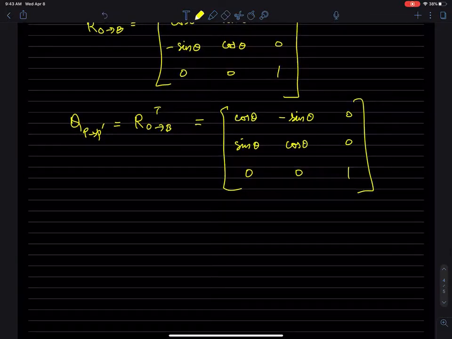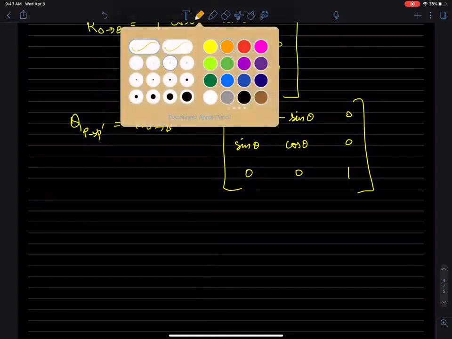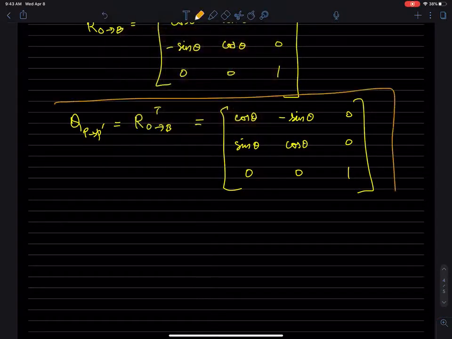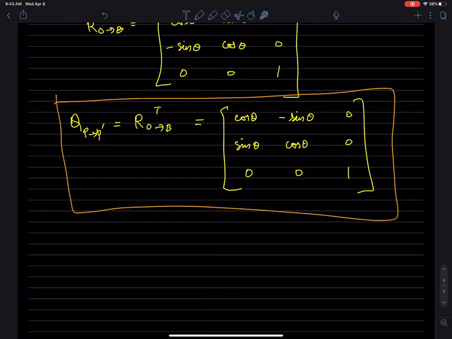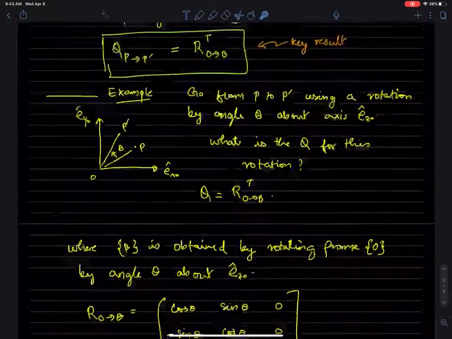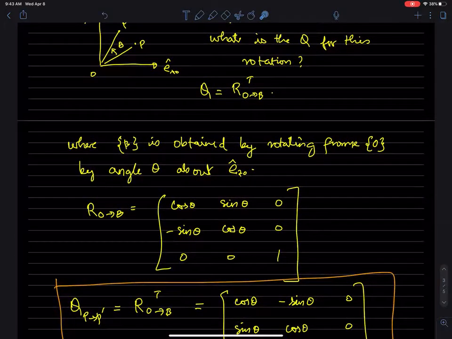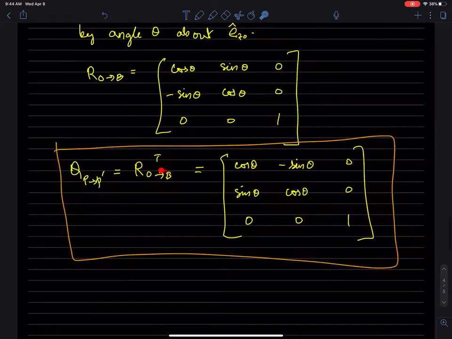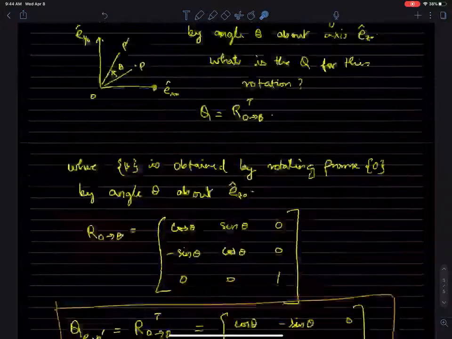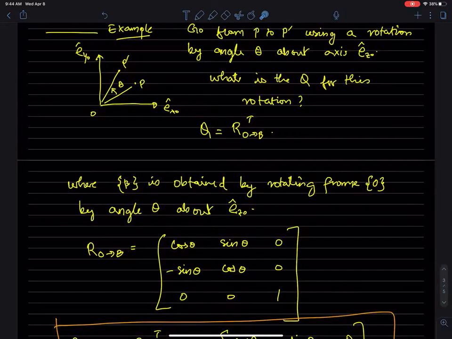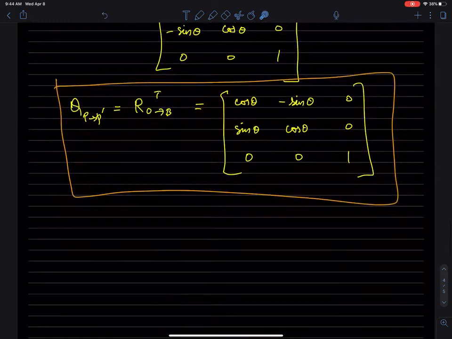So that's actually Q. Okay, so Q is this quantity. It's a transpose, right? So you should not naively assume that R0 with respect to B is actually Q, rather it's R0 with respect to B transpose. So the transformation that takes you from P to P dash is actually this matrix.